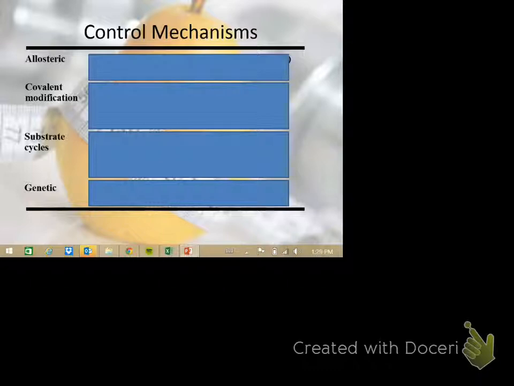So, what do you suppose, what is allosteric? Pardon? A change? Could be. Well, you can have cooperativity. Is it always cooperative? Well, it depends, because cooperativity doesn't have to be positive. You can have negative cooperativity, right?